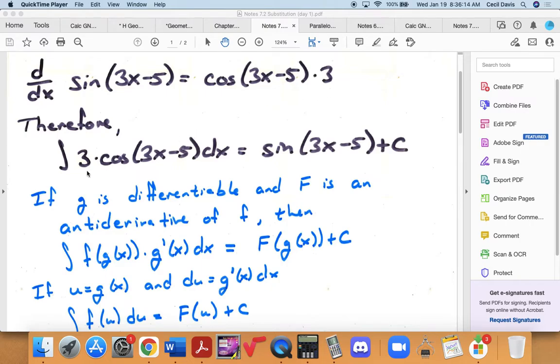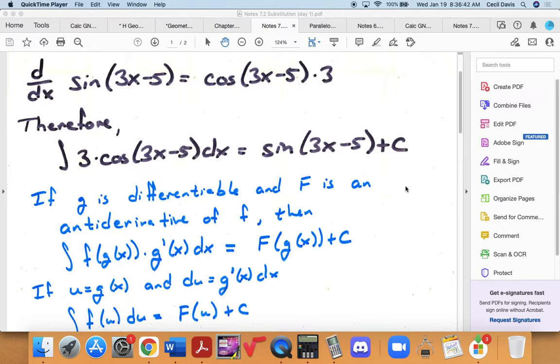Therefore, if we have the integral of 3 times cosine of 3x minus 5, well, that's what I just had here. So undoing the chain rule gets us back to sine of 3x minus 5. Notice frequently at first people ask, where did the 3 go? Well, the 3 appeared when we took the chain rule. So when we undo the chain rule, it goes back away.